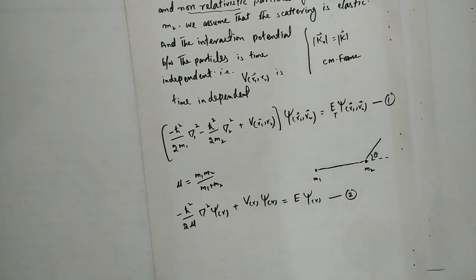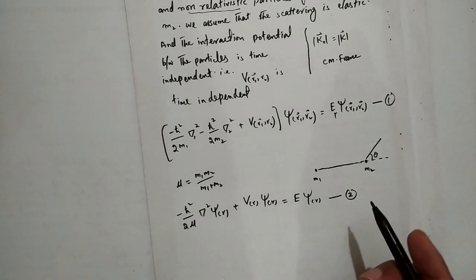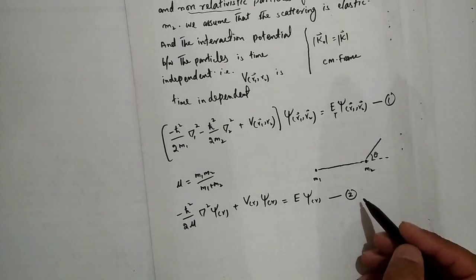So our job is to show that the differential cross section in the CM frame can be obtained from the asymptotic form of this equation.